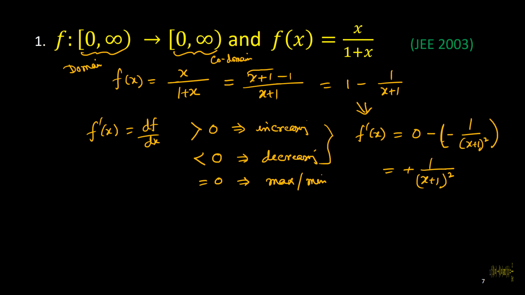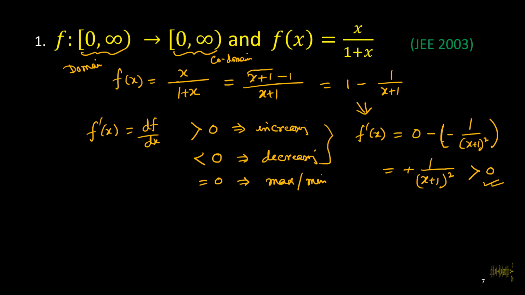And as it is a squared form, this is always positive, more than 0, right? So it could never be negative. It will become 0 at infinity only. At infinity it will become 0. That's fine. So for 0 to infinity, this value is always positive.